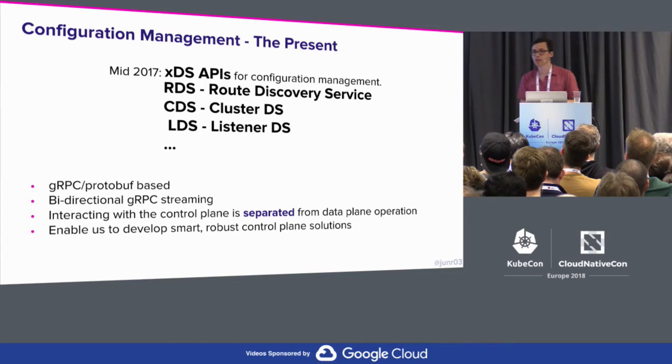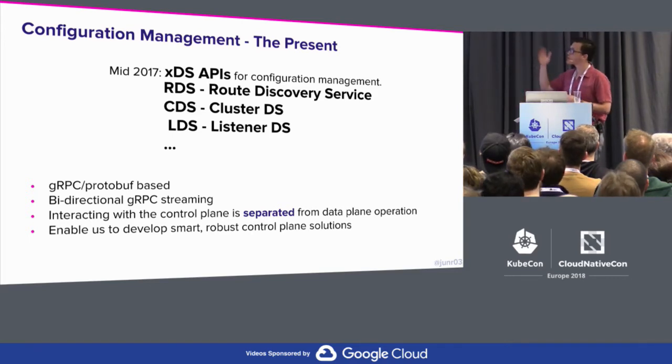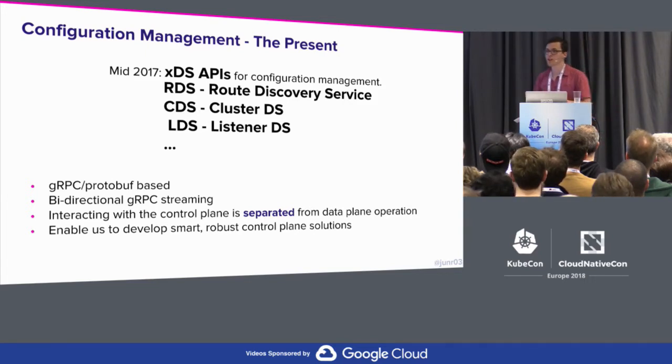So that is where, in the middle of last year, come the XDS APIs. XDS stands for a host of APIs that we have defined in Envoy for dynamic configuration. So route discovery service, cluster discovery service, listener discovery service, where you can discover all these artifacts dynamically and without requiring a binary restart.